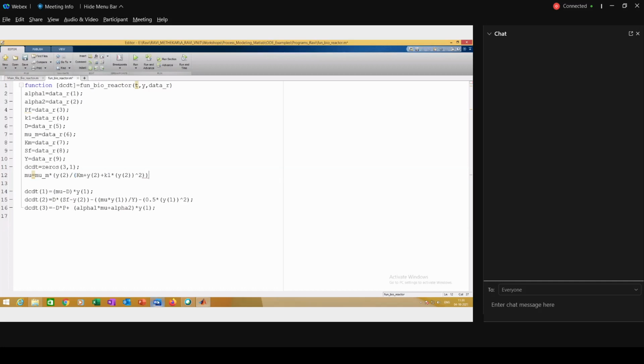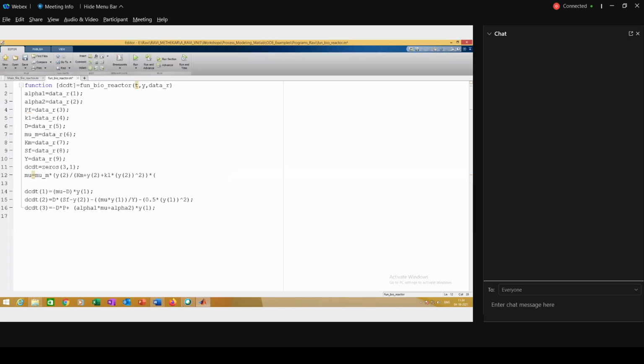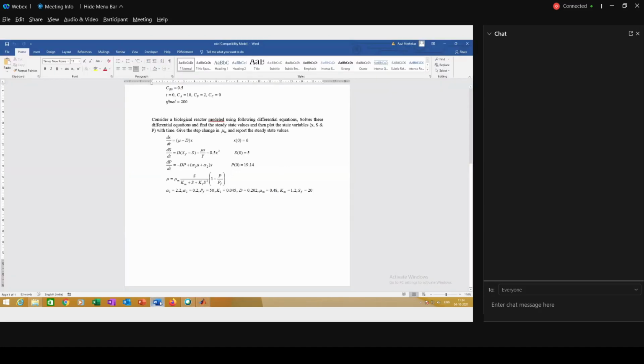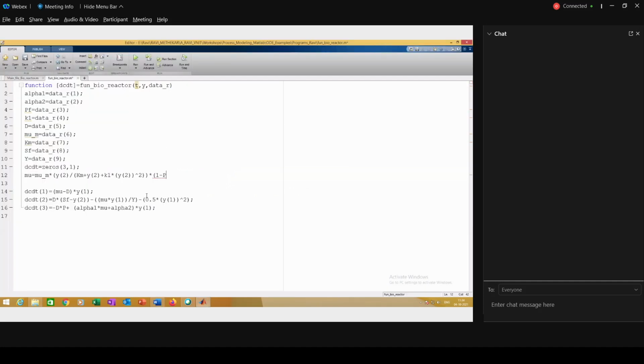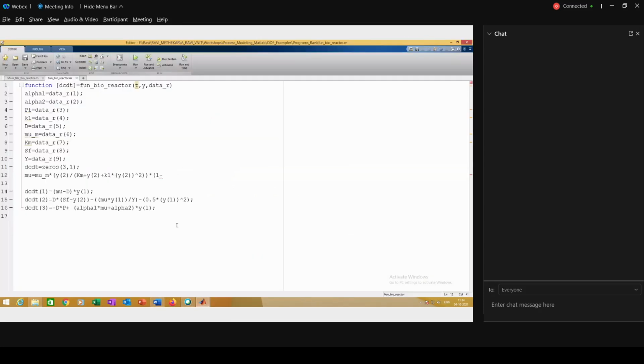I have this term multiplied by what I need to do: 1 minus p by pf, the third differential equation, that is y3, 1 minus y of 3 divided by pf, with brackets. So I have calculated mu.